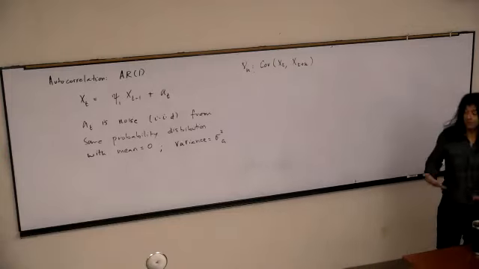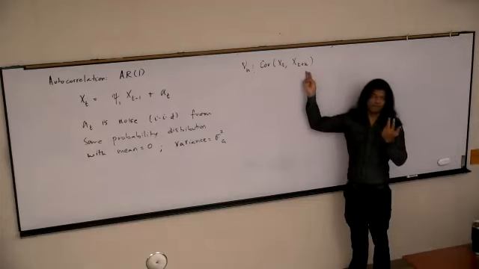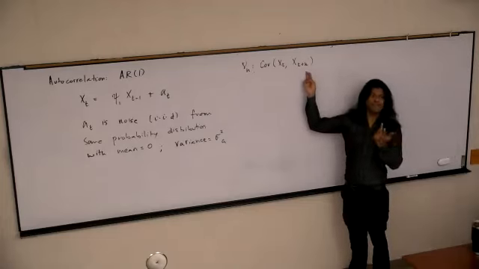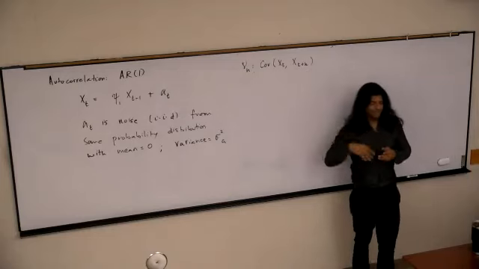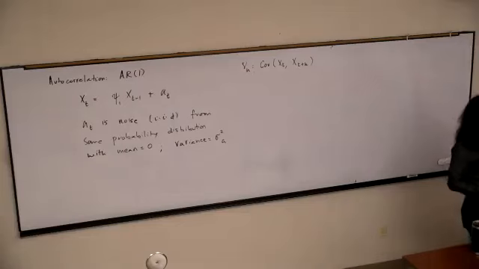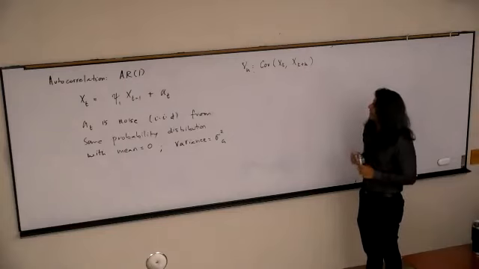So if you Google, you might find references where people would write this as t minus h. Doesn't matter whether it's h, k, minus h, minus k, same thing. I don't like negative, so I'm going to stick with positive h.